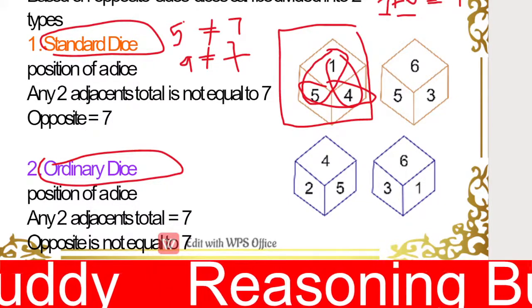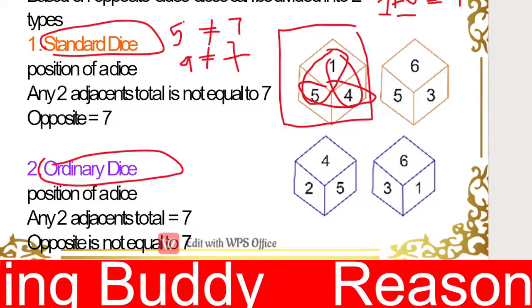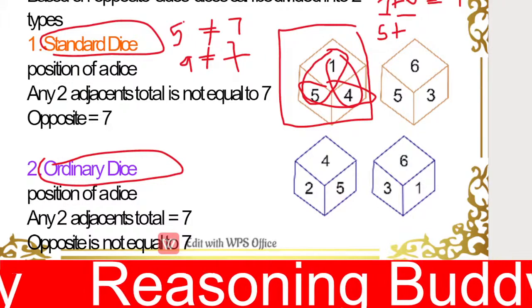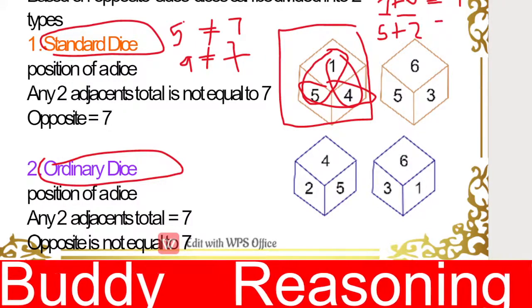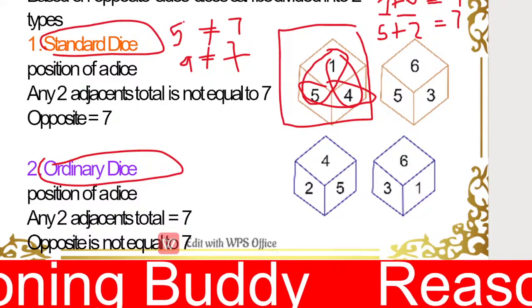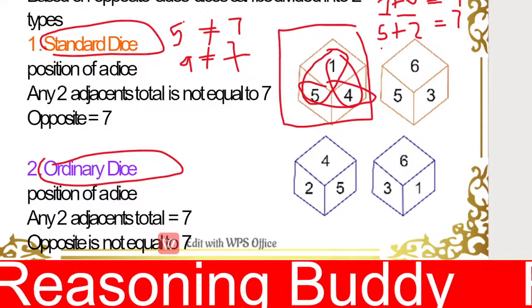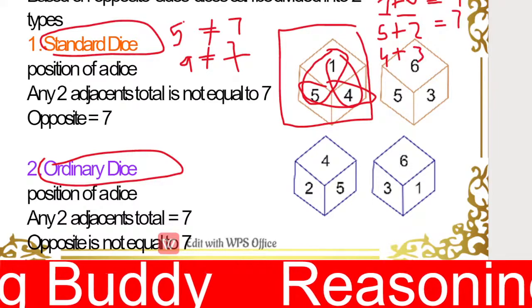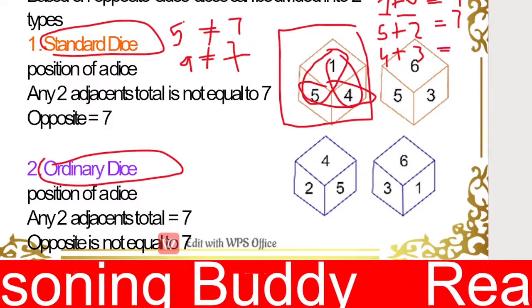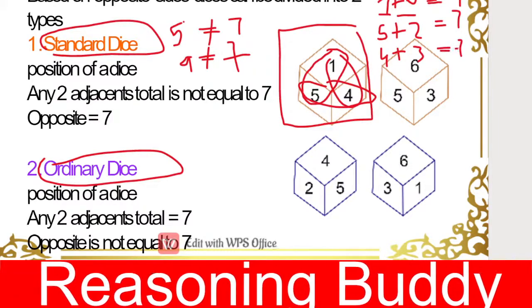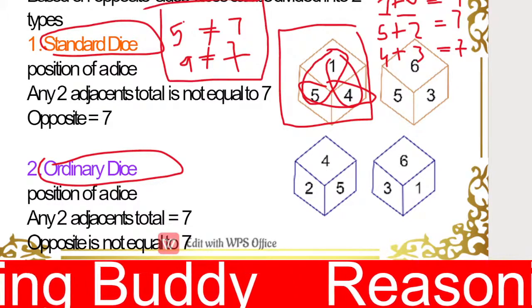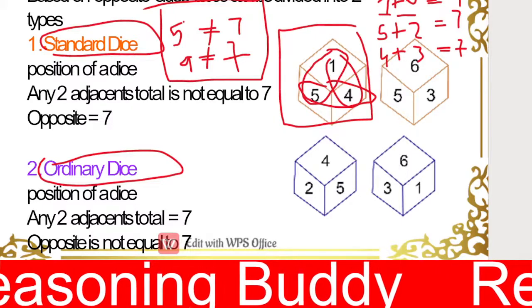So 1 is opposite to 6, and for 5 it is easy, 5 plus 2 is 7. Next, 4 and 3, you know that. This type of dice is called a standard die, where the adjacent faces do not add up to 7.